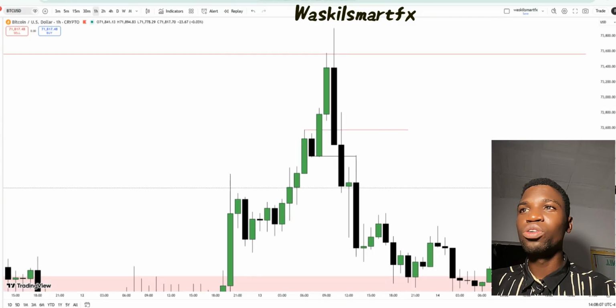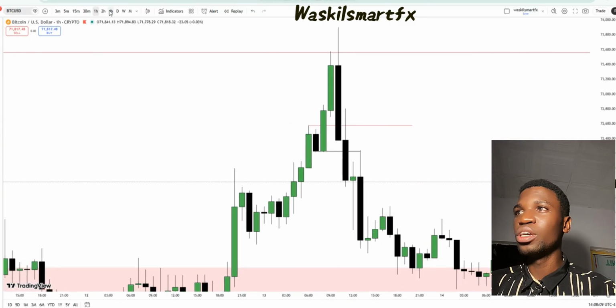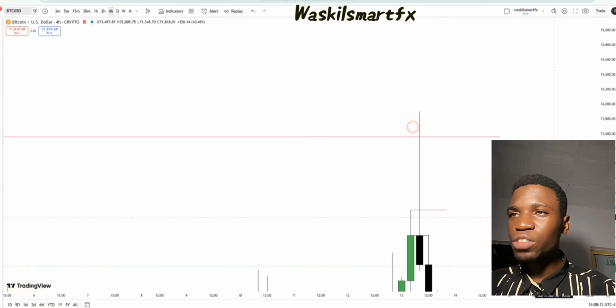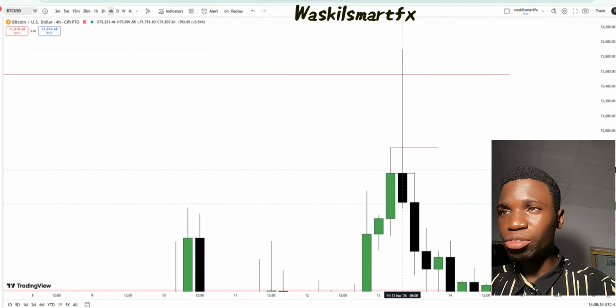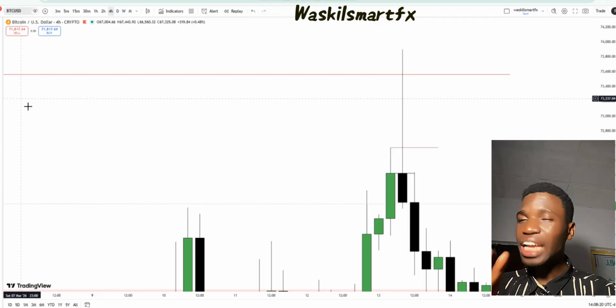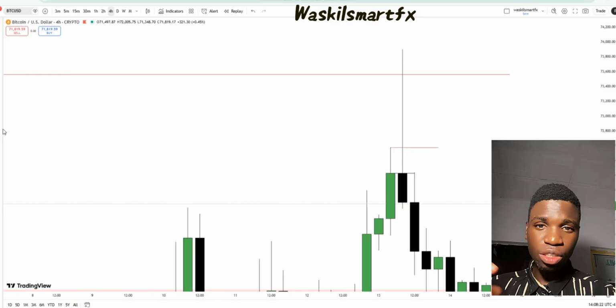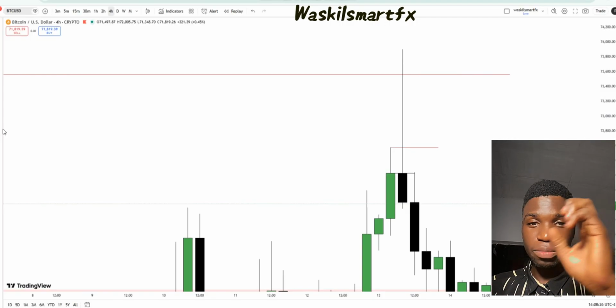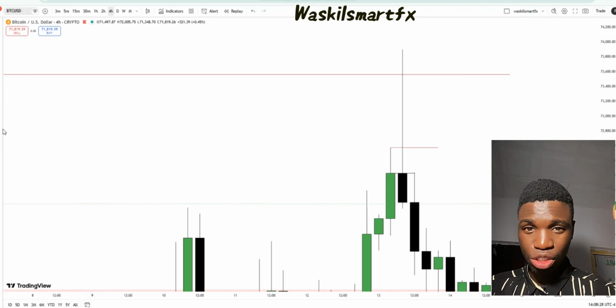Now where is my entry? When I go back to my 4 hour chart, at this particular level, there is something that repeats itself. On the higher time frame, we saw the two body candle rejection.